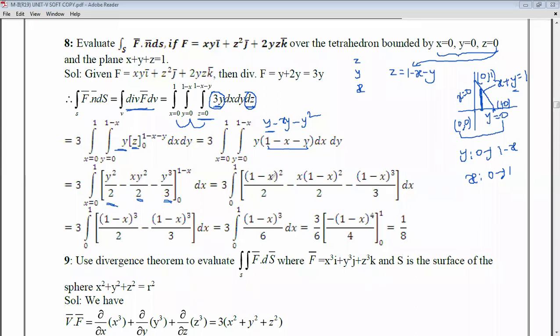So if you substitute, we get 1 minus x whole square by 2 minus x into 1 minus x whole square by 2 minus 1 minus x whole cube by 3. And if you substitute the lower limit, obviously it is completely 0. Why? Because each and every term has y, so this is 0, and this is 0, and this is also 0. That's why we didn't write anything here.